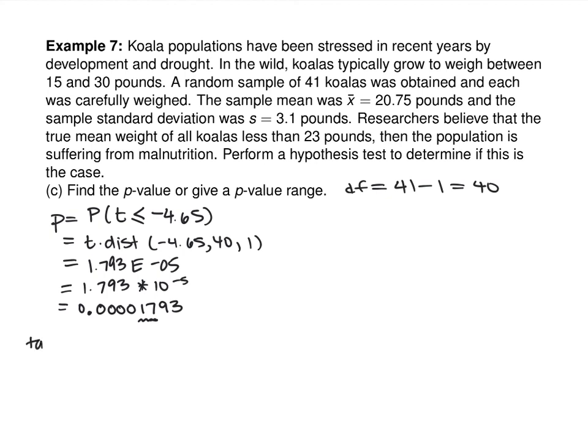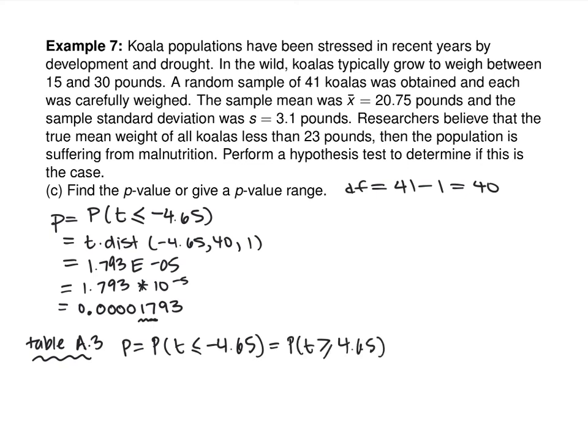Okay, now from the table, your P is the probability that T is less than or equal to negative 4.65, which is the probability that your T is bigger than or equal to 4.65, same difference. So in your table, degrees of freedom is 40.